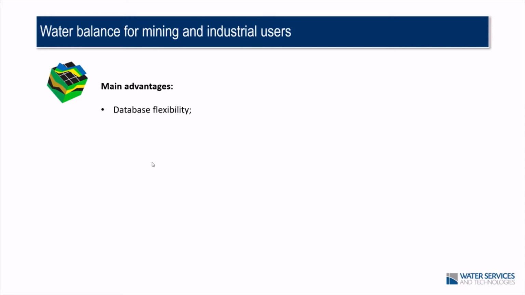It doesn't matter how your data is stored or what units you use for different parameters. The database inside HGA is very flexible. It has an integration with Microsoft Office software, for example, Power BI and Excel.